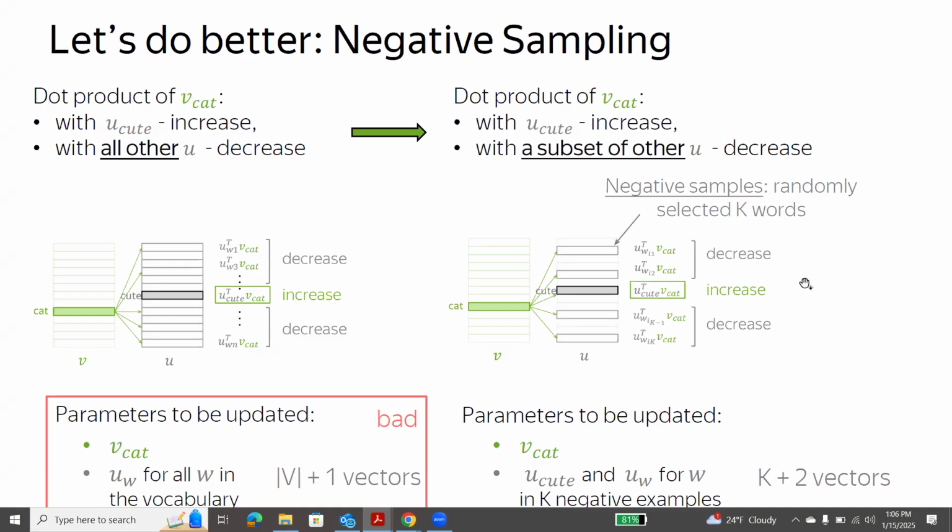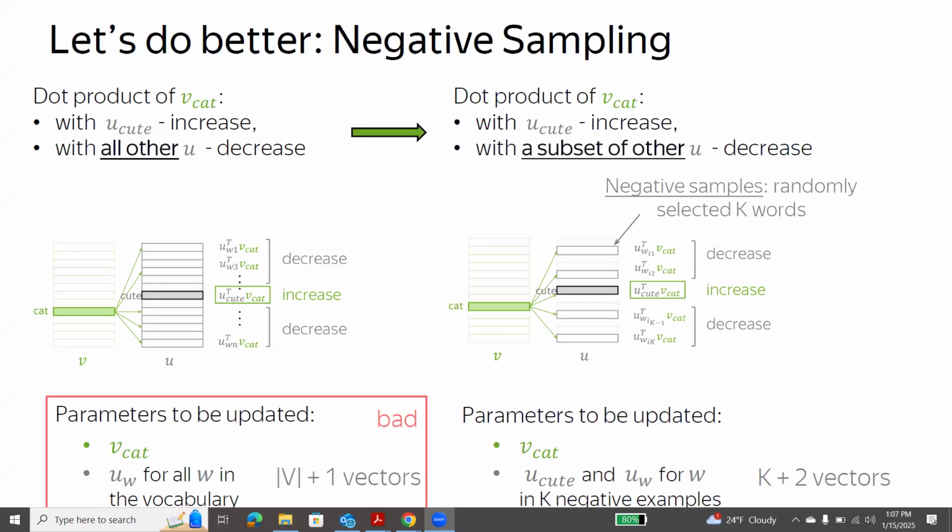was to update our probability for one word pair. And you remember in softmax, when we increase one probability, all other probabilities will decrease. So we will decrease only a few probabilities.